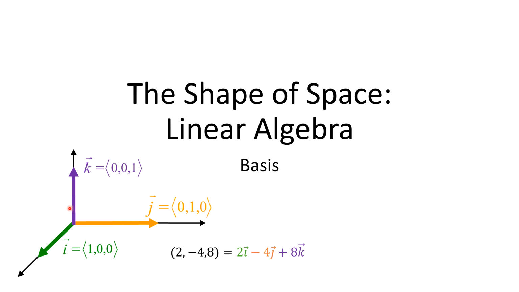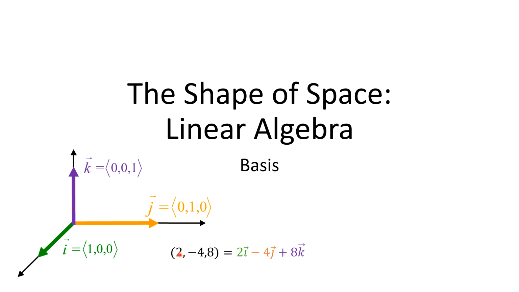I have a simple example here. You may have seen this in calculus or maybe a basic physics course. We have x, y, z axes in 3 dimensions, and then we have these unit vectors i, j, and k. We could have given them different names, but that's what you'll see a lot in physics. The idea is that these 3 vectors form a basis for 3-dimensional space, and you can take any point.